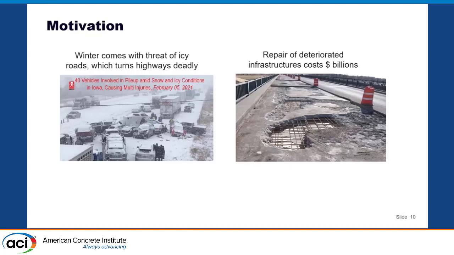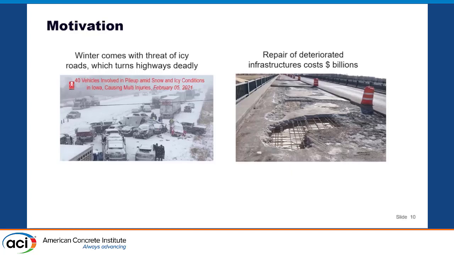UHPC still does not achieve good smart functionality, especially in winter, which comes with the threat of icy roads that make highways more deadly. For example, in Iowa in 2021, 40 vehicles were involved in a crash causing multiple injuries, due to snow removal.